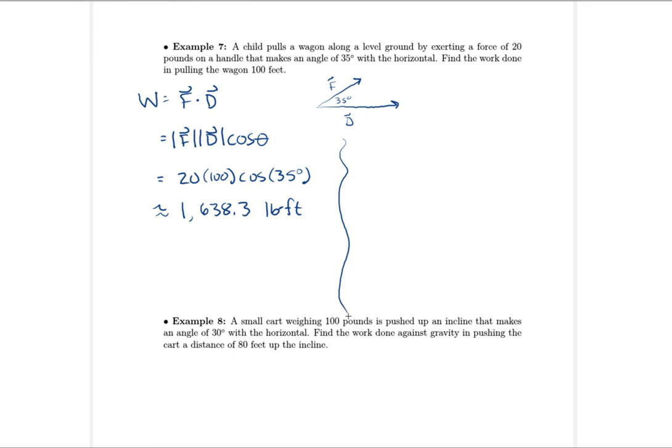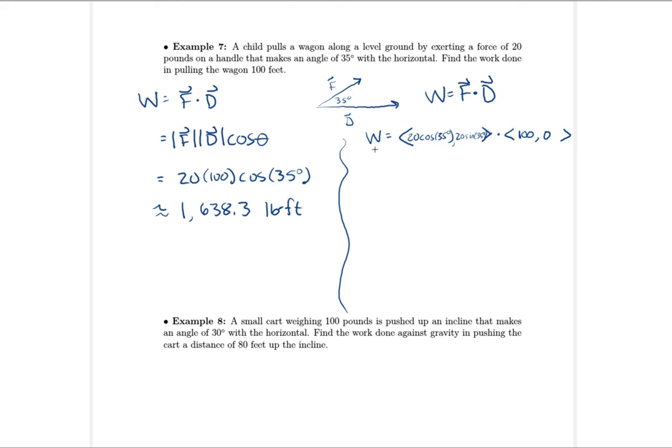Now, we can do this another way, though. If you want to do this component-wise, you can say work is force dotted with distance. That's going to be equal to the force vector in component form dotted with the distance vector in component form. The distance vector is just 100 in the x and 0 in the y. And the force vector here is just 20 cosine of 35 degrees, 20 sine of 35 degrees.